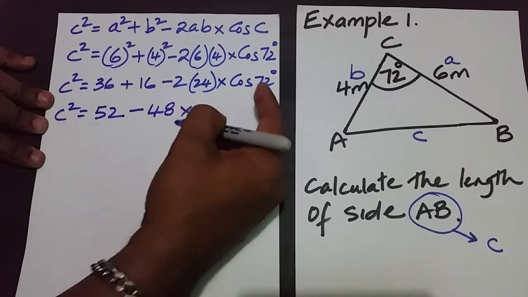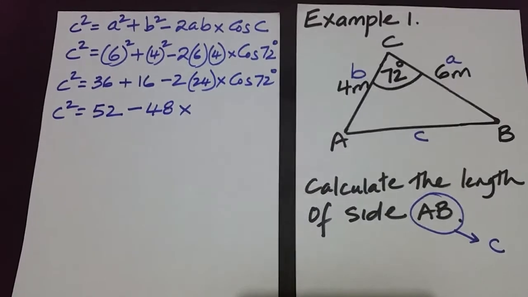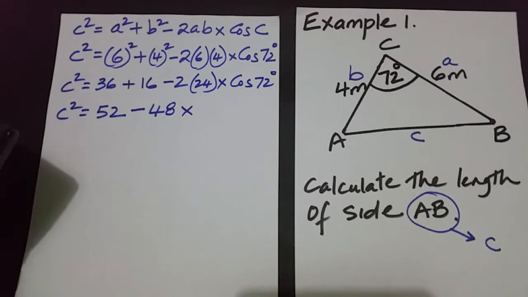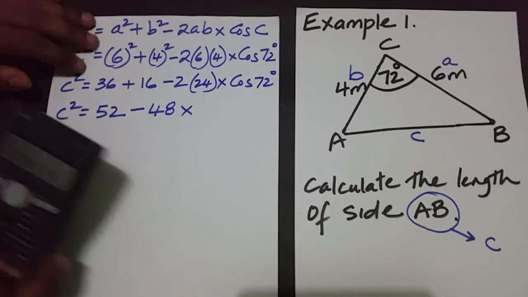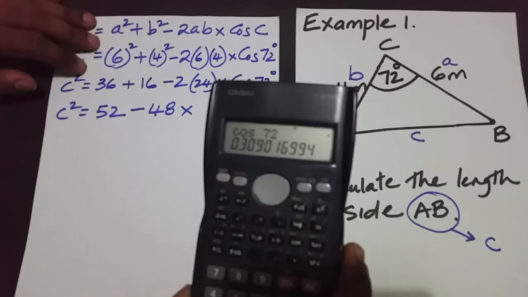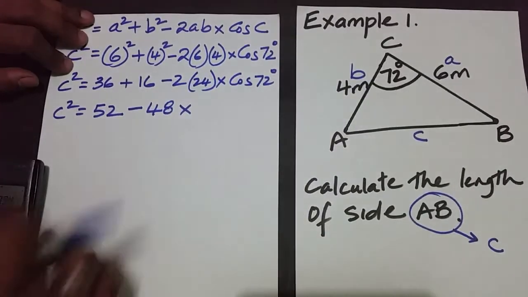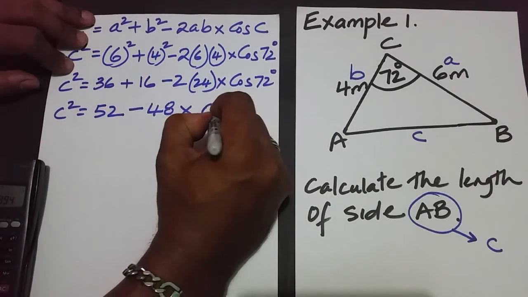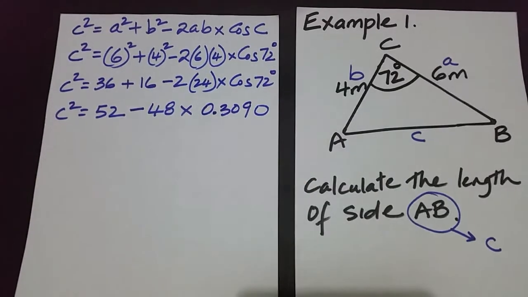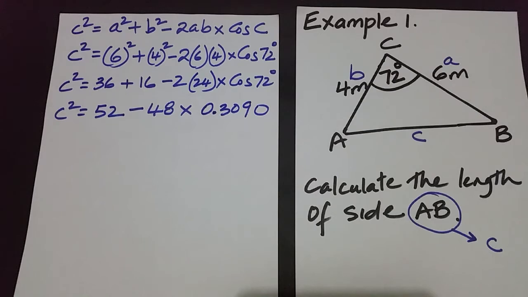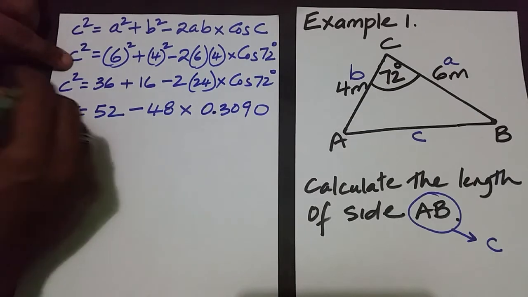And I'm now going to go ahead and find the cosine of 72 degrees. Remember to make sure that your calculator is cleared. So the cosine of 72 degrees would be 0.3090.